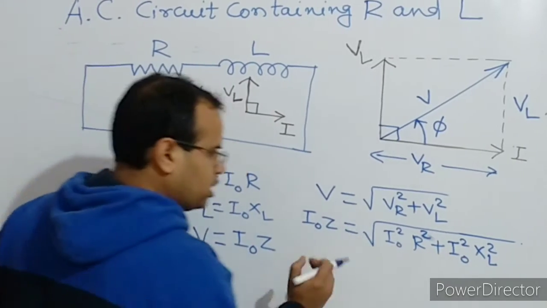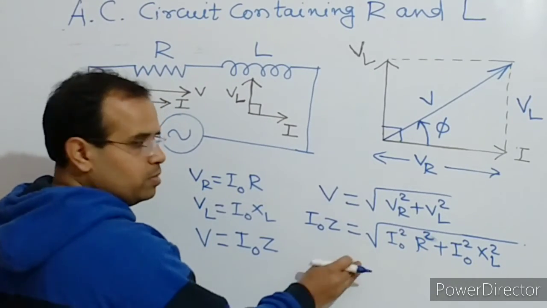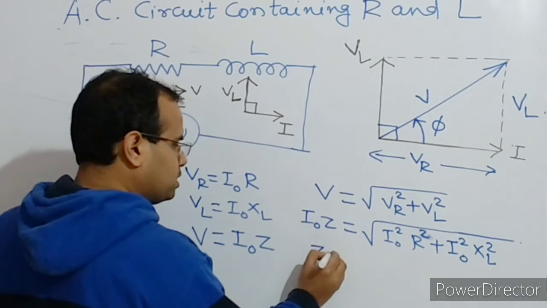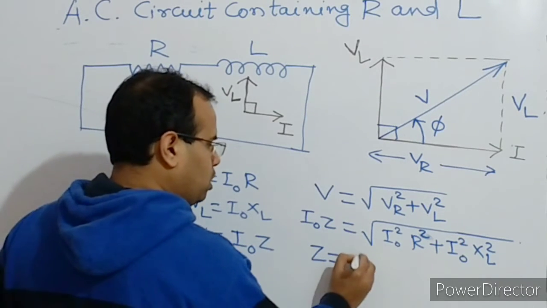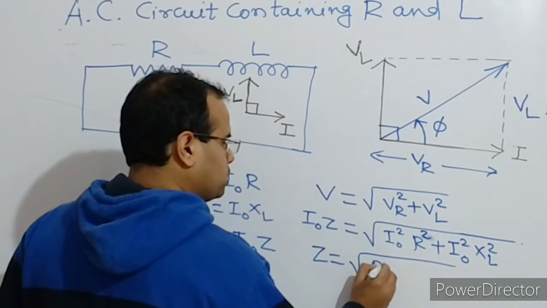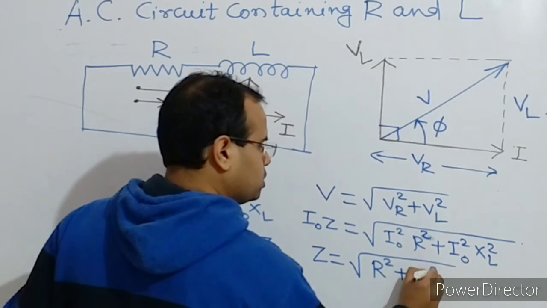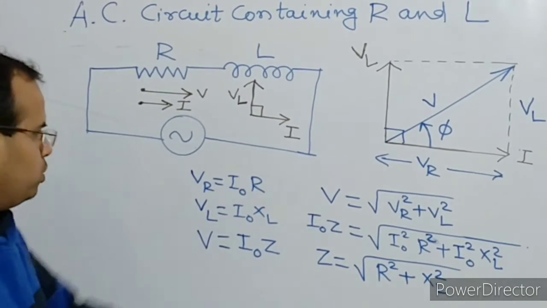Now I naught squared is common, so I naught comes out of the square root and cancels, so we get Z equal to the square root of R squared plus XL squared. Do you understand this now?